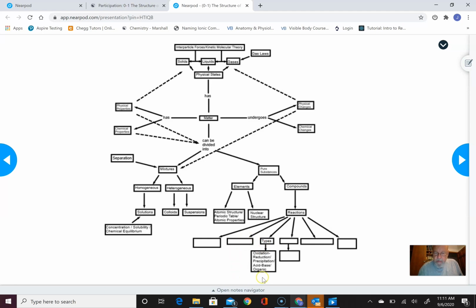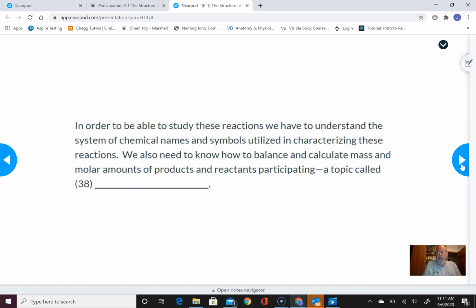And the reason that I do that is because when I think about reactions, the first thing I think about is, well, what types of reactions do I have? But then I recognize that before I can ask what types of reactions I have, there are a couple of other things that I need to know about, and that's why I'm going to put those in the first two spots in the organizer.